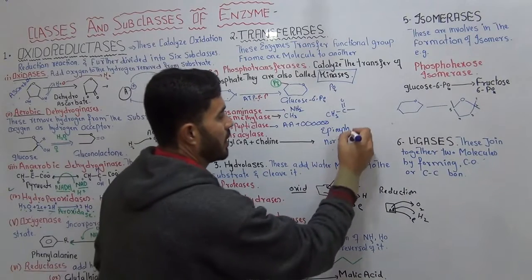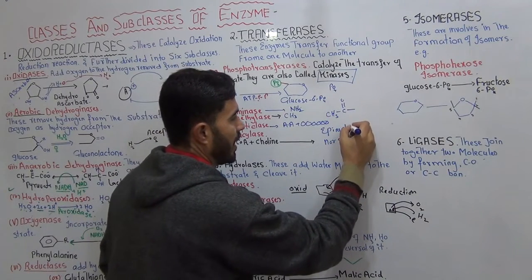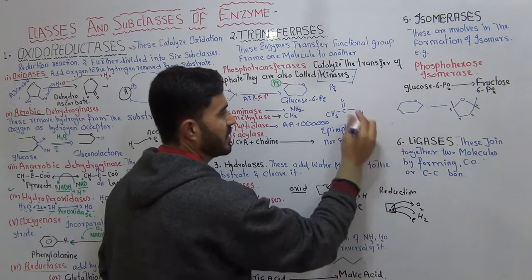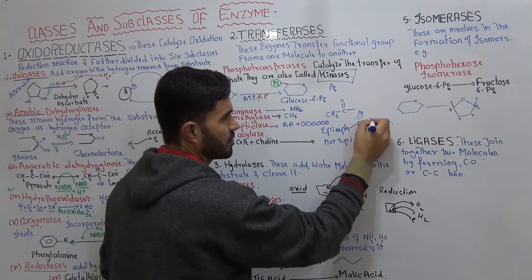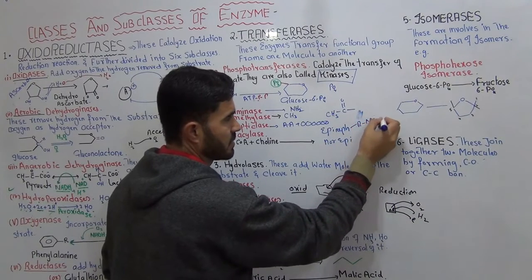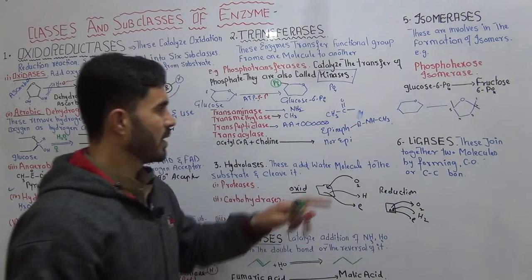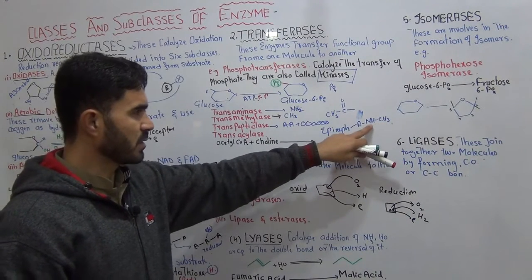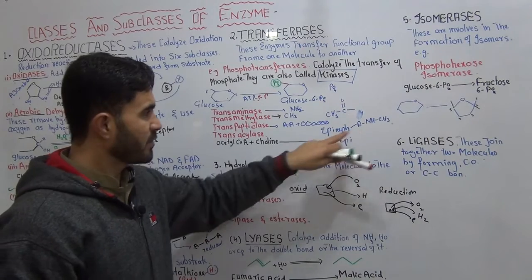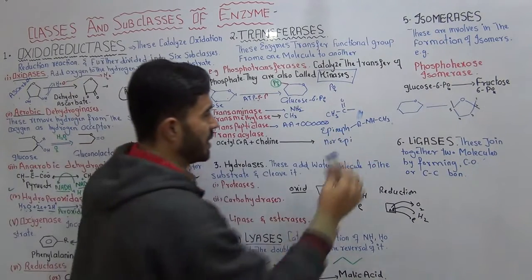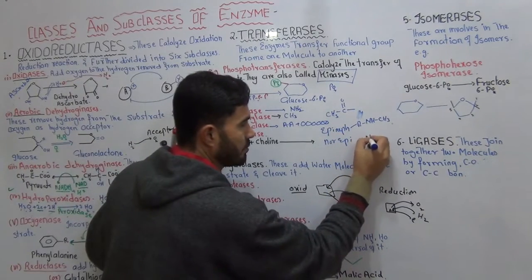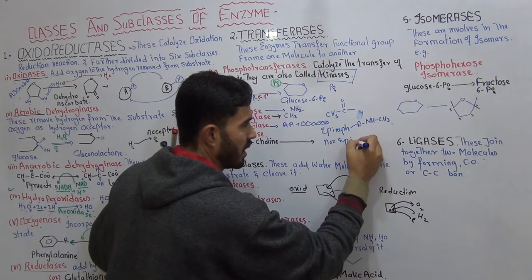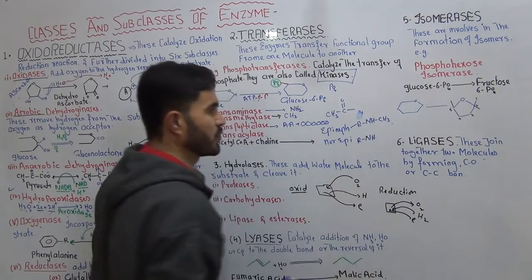Epinephrine has in its structure, if I write here R, there is NH and there is a CH3 group. So when CH3 is there and it is attached to the amino group, it will be called epinephrine. If we remove this, R is there, NH is there, but there is no CH3.